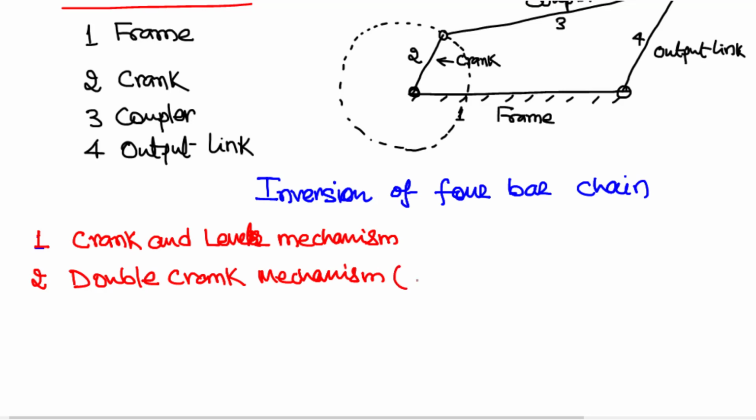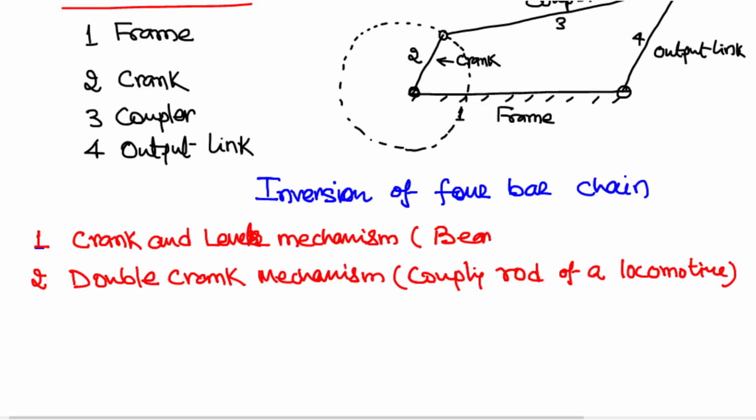This is the coupling rod of a locomotive, and the example of crank and lever mechanism is the beam engine.